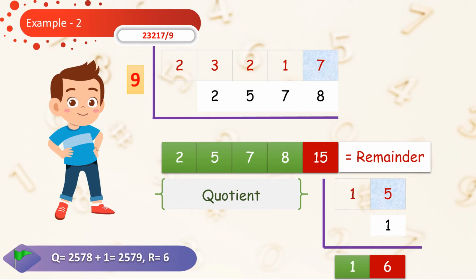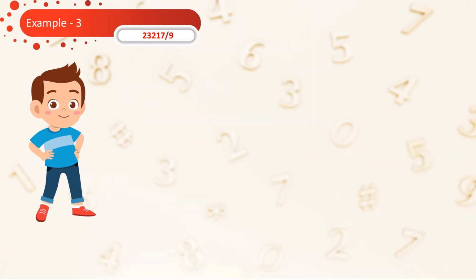We will see an interesting approach in the next example where we will introduce the concept of bar digits, which will simplify this whole division process and get you the answer in a single line. So it's going to be the same example, 23,217 by 9, but with bar digits.